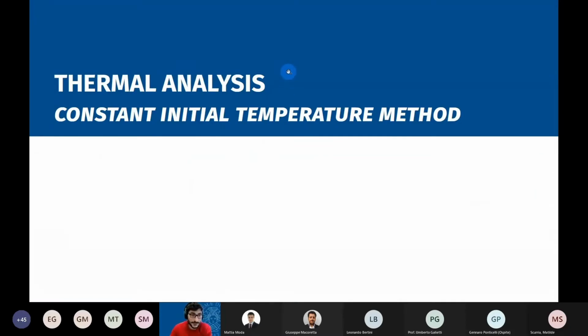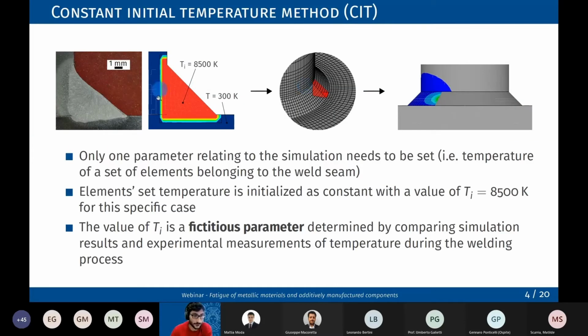In the thermal analysis, whoever is working on this knows that for this kind of analysis, usually Goldak thermal sources or Gaussian thermal sources are used, which need a lot of parameters to be set. In this case, I employed a really easy thermal source.